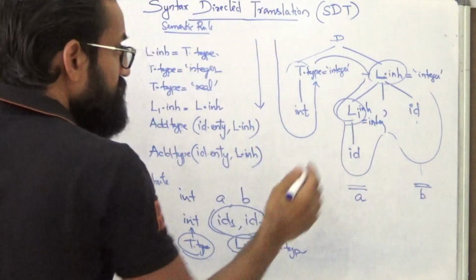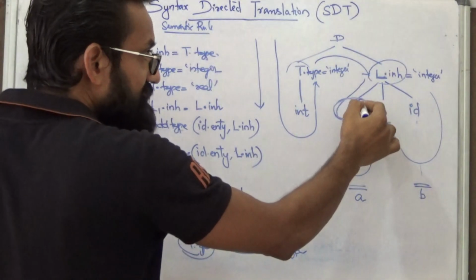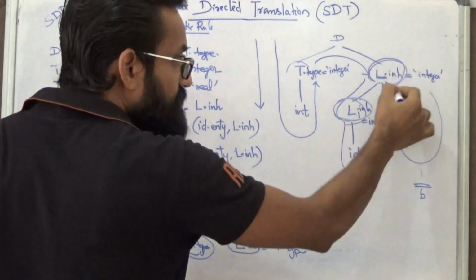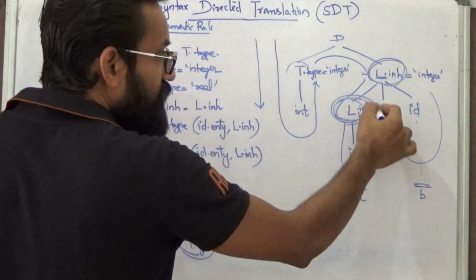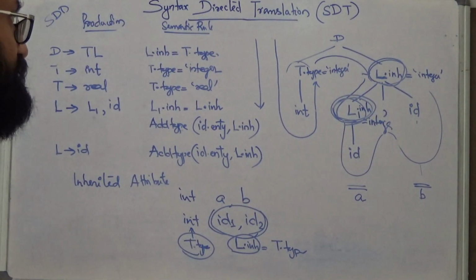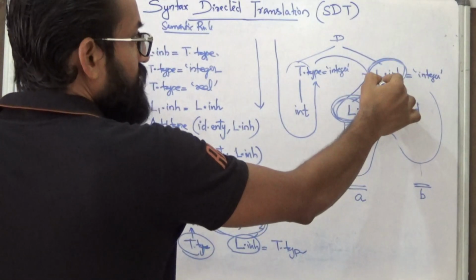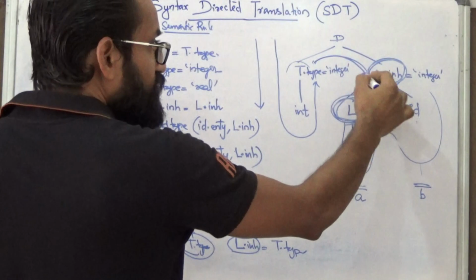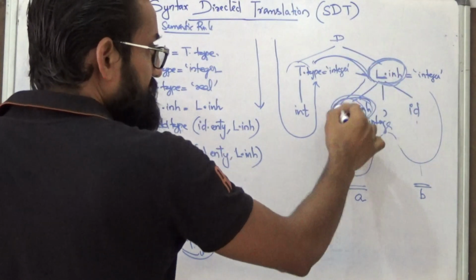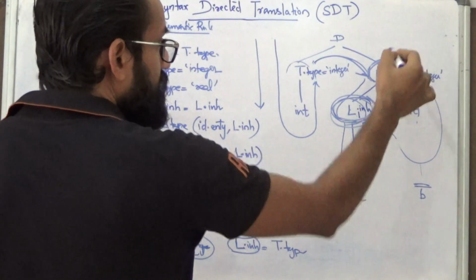As far as this attribute is concerned, it receives the value from its parent. For that reason, you can call this attribute an inherited attribute. This attribute is termed inherited because it gets its value from its sibling. This is termed inherited because it gets its value from its parent.